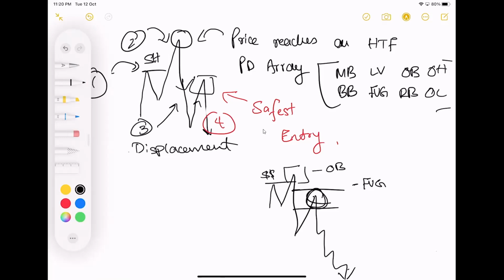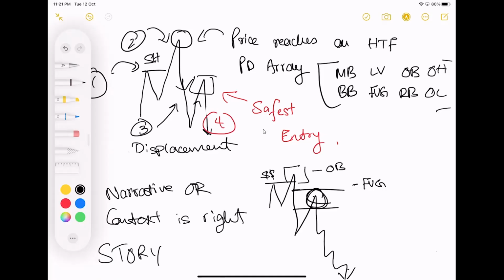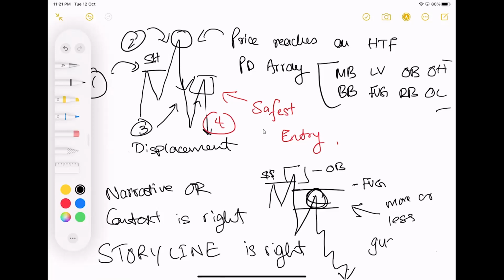It's almost a guarantee on any time frame that when the narrative or context is right, or to put it in simpler terms, if your storyline is right, these entries are more or less guaranteed. Is that how you spell guaranteed? Someone correct me later.